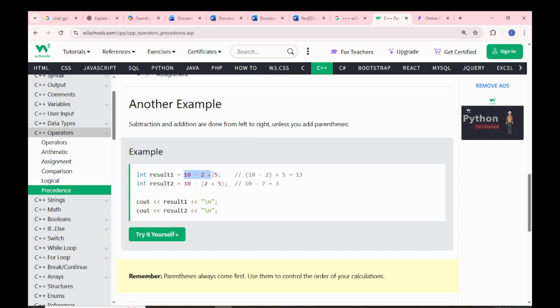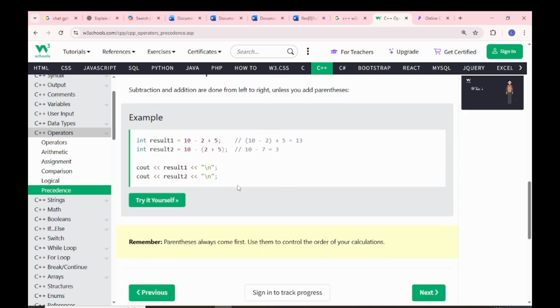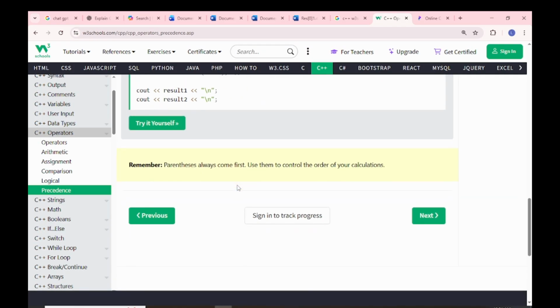So left to right, that means this is how the order will work: 10 minus 2 is equal to 8, plus 5, 13. And if you provide this bracket, then 5 plus 2 is 7, minus 10, 3, right? I hope you got the point, guys.